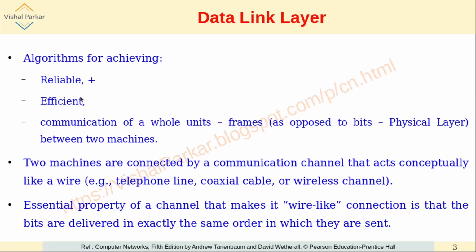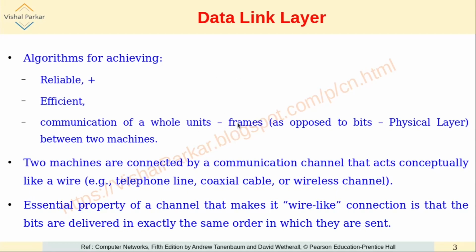So the next part is efficiency. The communication has to be efficient. So with minimum time and with minimum resources, the data will be sent. The next part is communication of full units. In the previous module, the physical layer is mainly concerned with the transfer of individual bits, ones and zeros, whereas this particular layer will deal with a larger unit, a chunk of bits, which are called frames.